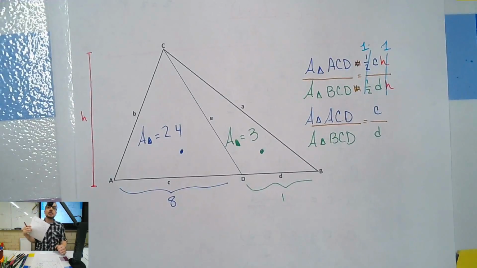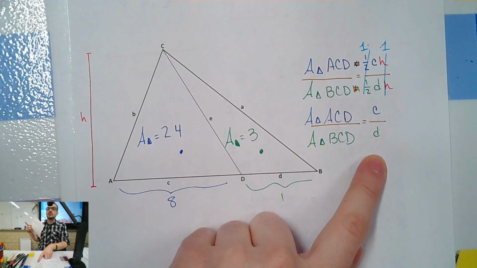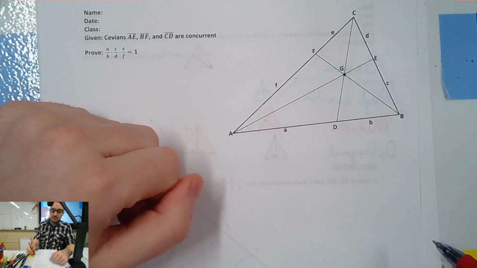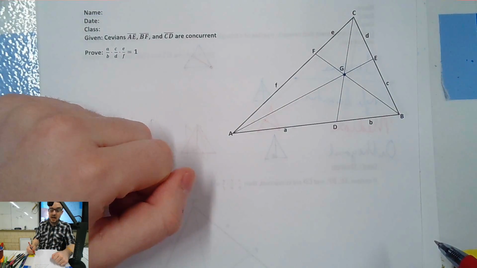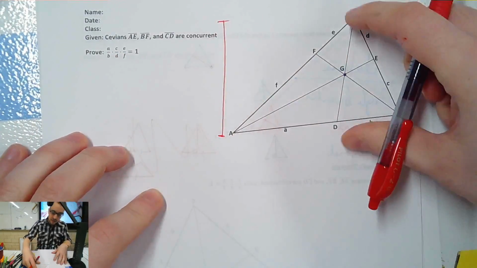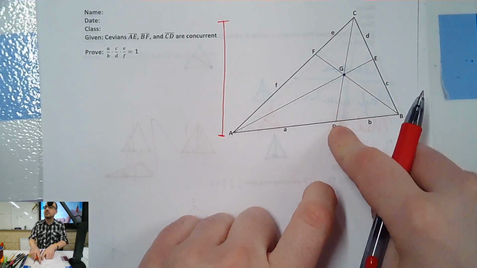If the heights are the same, then the areas relate to their bases. Do you notice any triangles that have the same height in this diagram? A lot of them. Do you guys notice that this triangle here, ACD, has the same height as BCD?